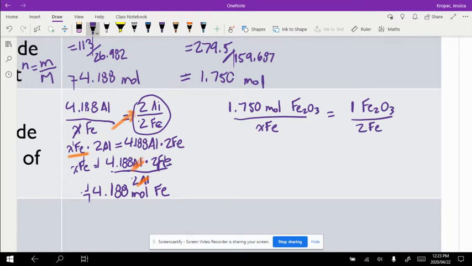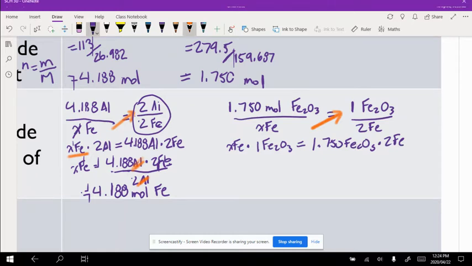Now take a look, these are two different numbers. It's not a 1-to-1 ratio, so we are going to have to go through and cross multiply. So x Fe, I'm going to multiply it by whatever it's across from. So that's going to be 1 Fe2O3. That's going to be equal to 1.750 Fe2O3 multiplied by 2 Fe. I now want to get my Fe by itself, so I need to divide by Fe2O3.